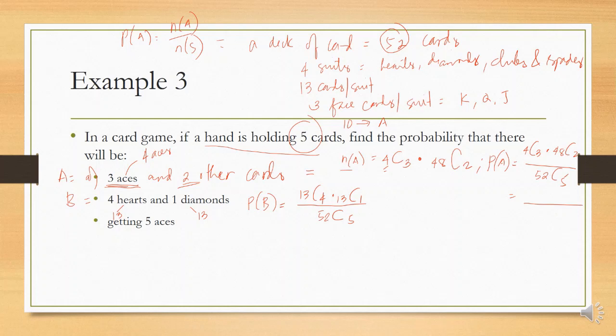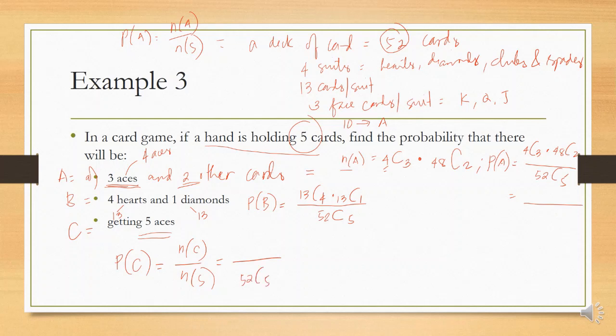Okay? Now, for event C, let's have event C. If a hand is holding 5 cards and lahat ng card na yon ay 5 aces lahat ang kanyang hawak, okay? Ang probability of event C natin will be, of course, N of C over N of S. But in this case, we know N of S is 52 combination of 5, no?